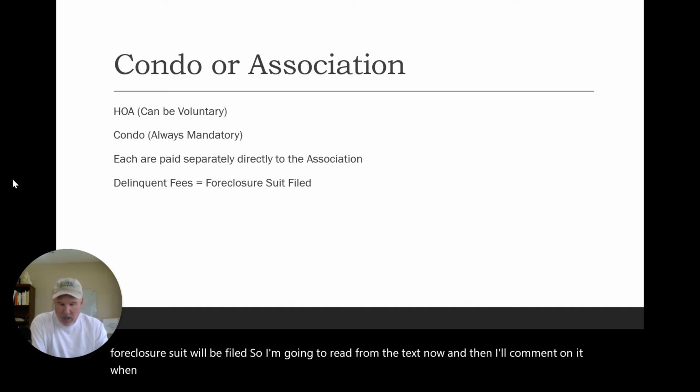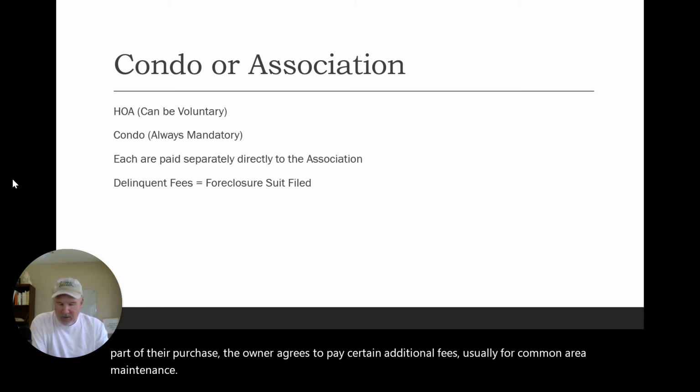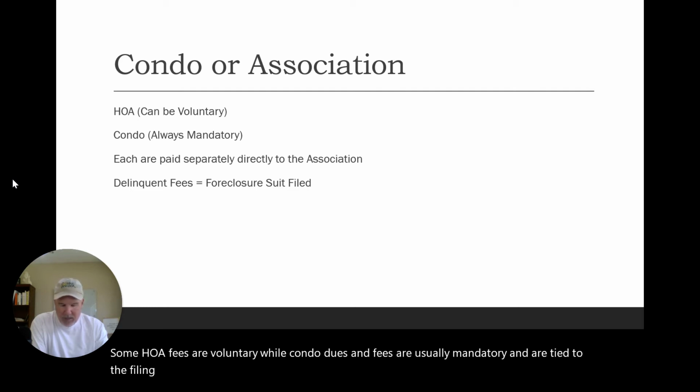When a person owns a condo, or there is a homeowners association in their community, as part of their purchase the owner agrees to pay certain additional fees, usually for common area maintenance. Some HOA fees are voluntary, while condo dues and fees are usually mandatory and are tied to the filing of the Declaration of Condominium, a document that's created before the building is even constructed.